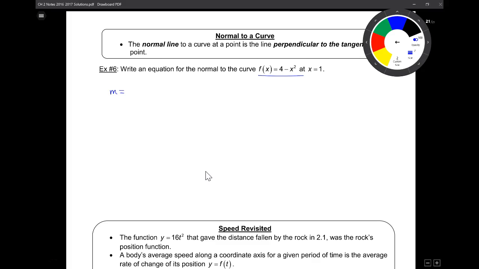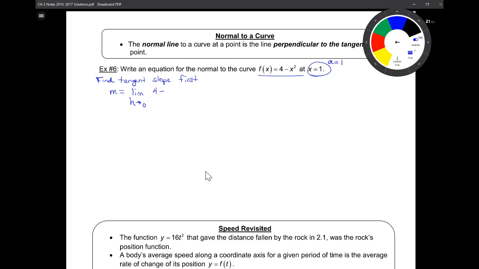So first we have to find the tangent slope. So 4 minus, and this time we do have the value of x. Remember, x is the same thing as a.